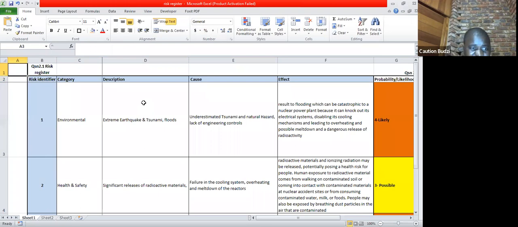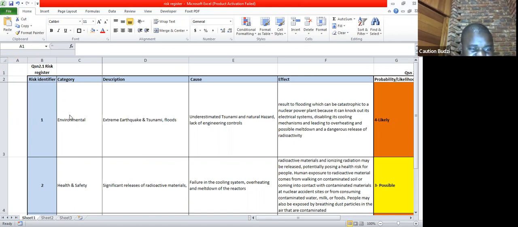So we are provided with a template which we should use for answering this question, so I'm going to use the same template.